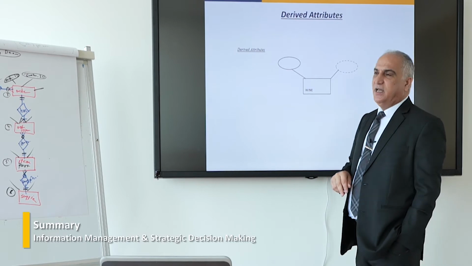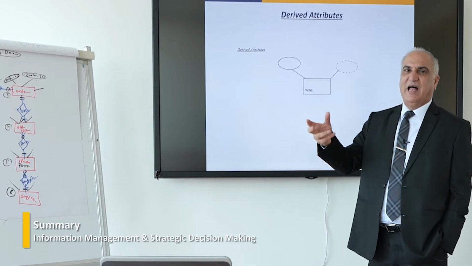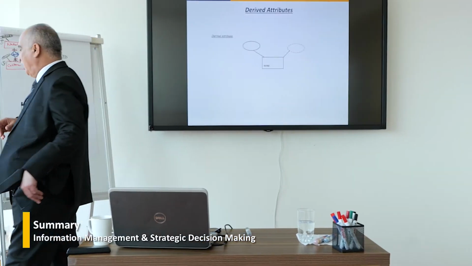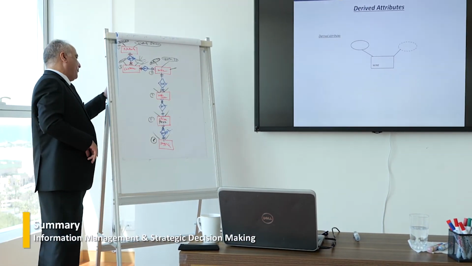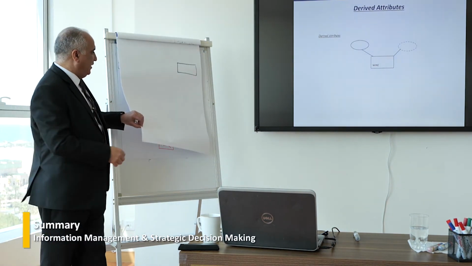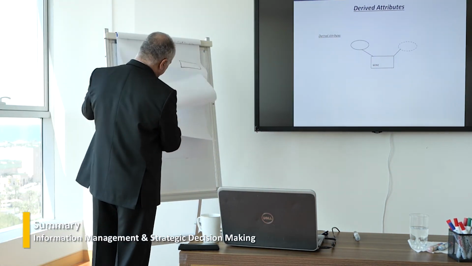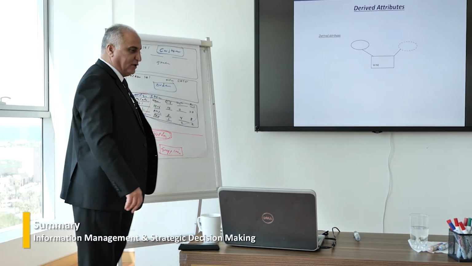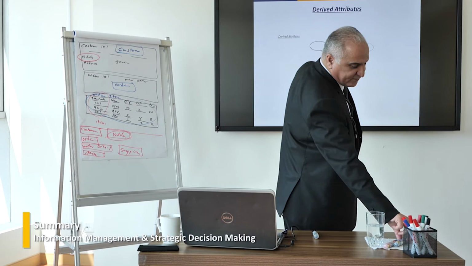Derived attribute is an attribute where you derive a value. Example, in our example, if I want to derive the cost of my order, we have here a good example. This is a good example of a derived attribute.